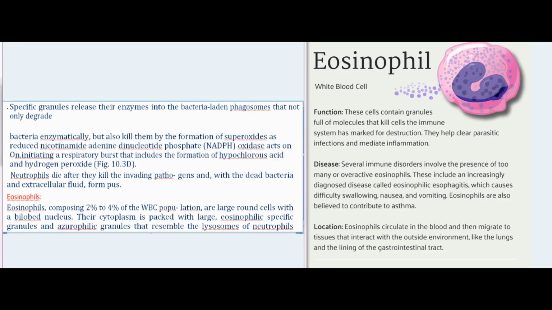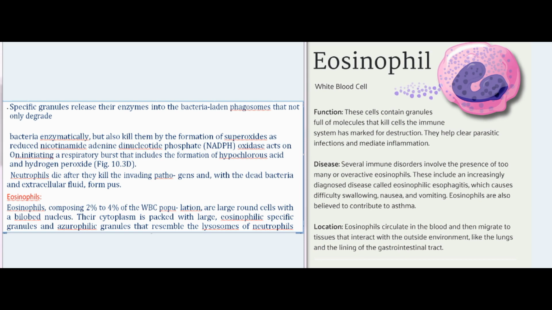Specific granules release their enzymes into the bacteria-laden phagosomes that not only degrade bacteria enzymatically, but also kill them by the formation of superoxides as reduced nicotinamide adenine dinucleotide phosphate, NADPH, oxidase acts on, initiating a respiratory burst that includes the formation of hypochlorous acid and hydrogen peroxide, Fig 10.3d.